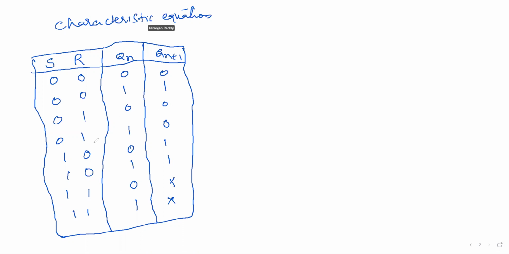And 1, 0, whatever may be the value of Q, you are getting 1. And 1, 1, because it is an indeterminate state, Q may be 0 or Q may be 1, whatever it is, it is treated as a don't care condition. Okay. So now we need to get the characteristic equation. So it is a 3 variable K-map.